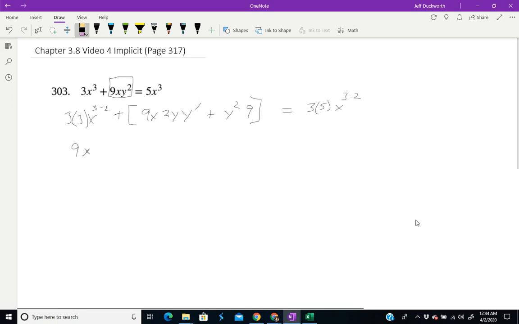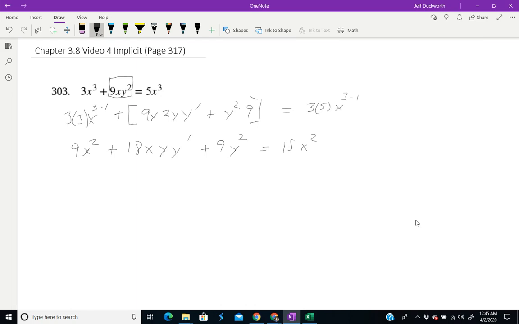Excuse me, these should be 1s, not 2s. 3 minus 1, 3 minus 1, and that should be x squared. This is 18x y prime plus 9y squared equals 15x squared.